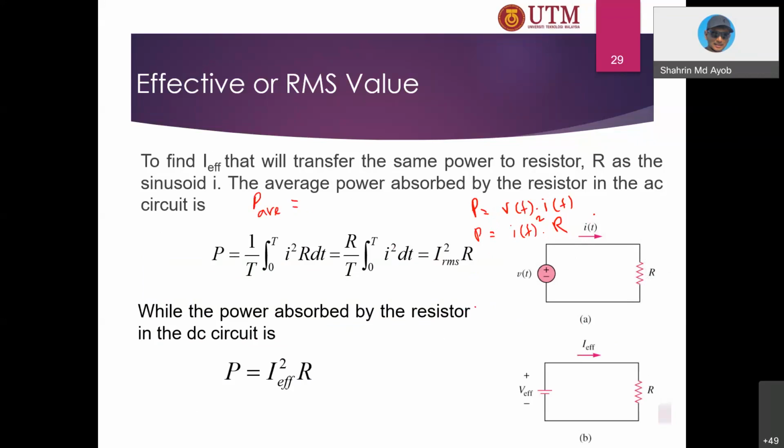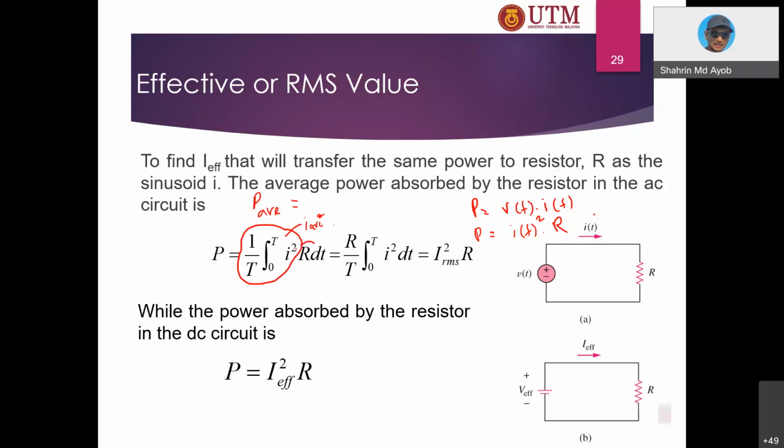To get the P average, we know that the current is periodic. So to get the average current values, you need to integrate. This is your current, and the integration gives the current average.